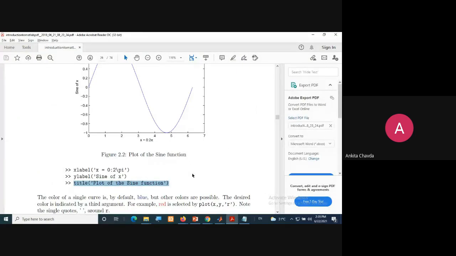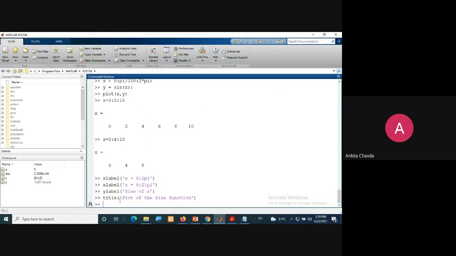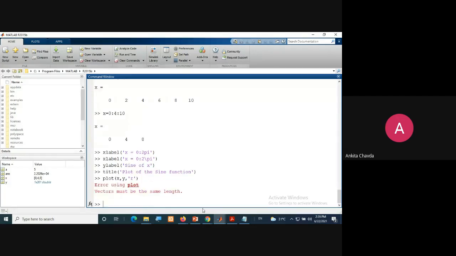Now here you can even change the color. Have you seen that by default it is blue only? This graph is blue only. But if you wish to change the color, you just need to write plot x and y, which is what you used to write. But now you add one more thing, the color. Then you press enter.